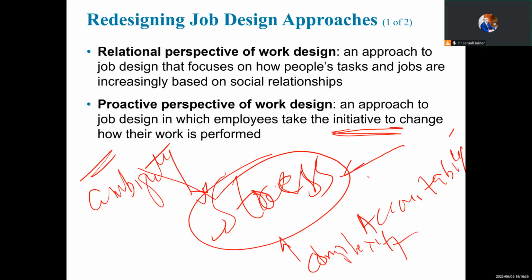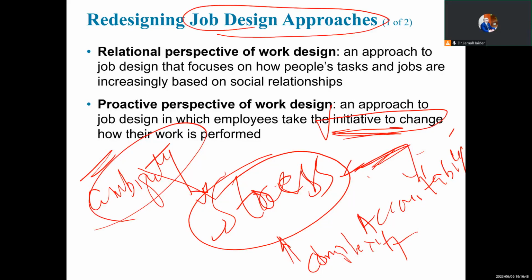So if you are given less accountability, less complexity, less ambiguity, then you would take initiative and your job design approaches would be smooth. Okay?